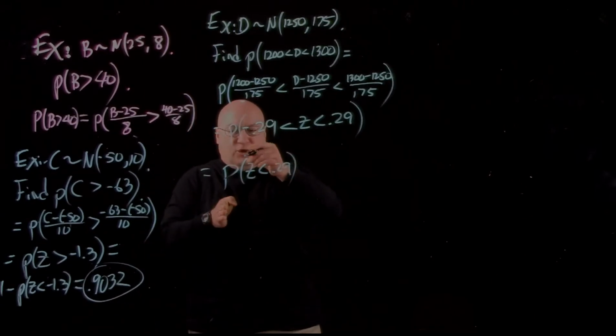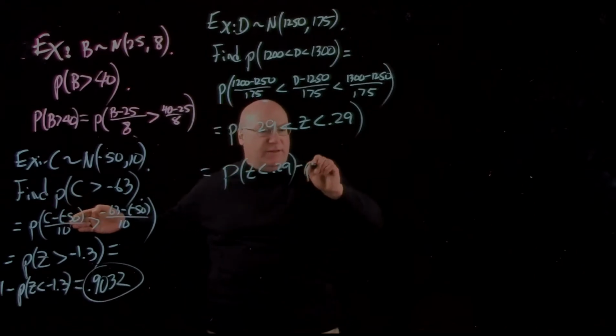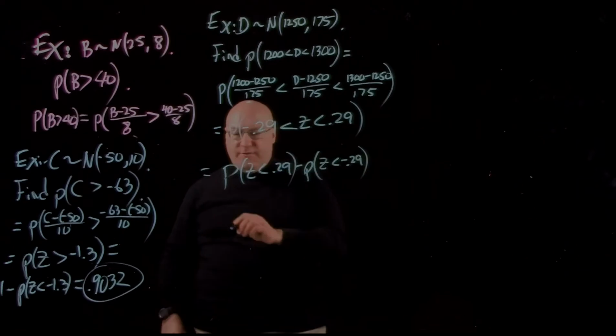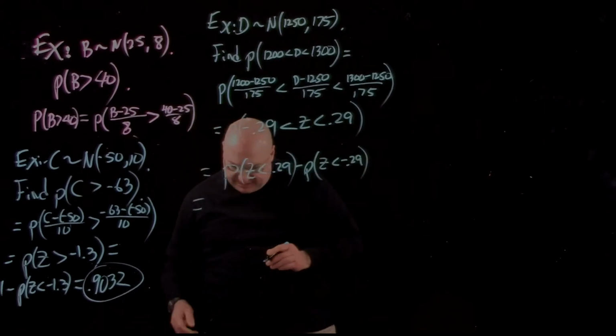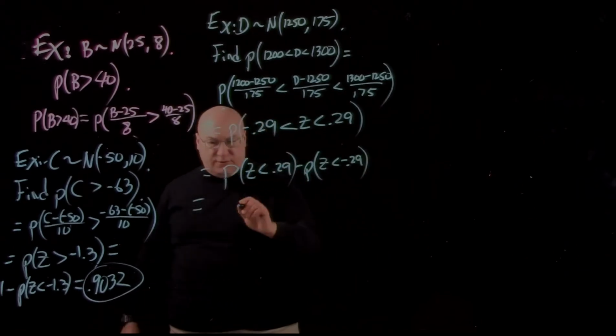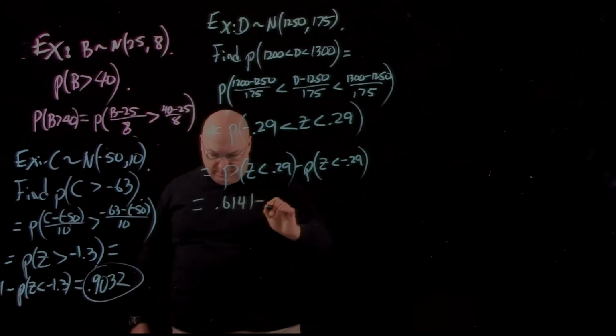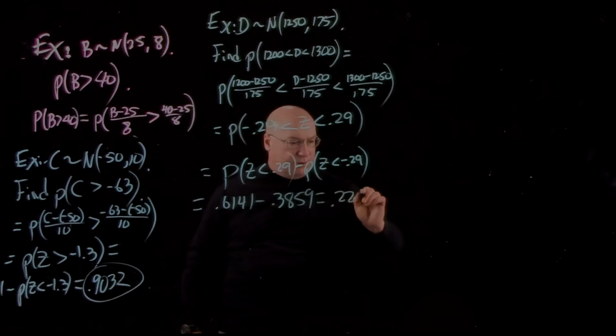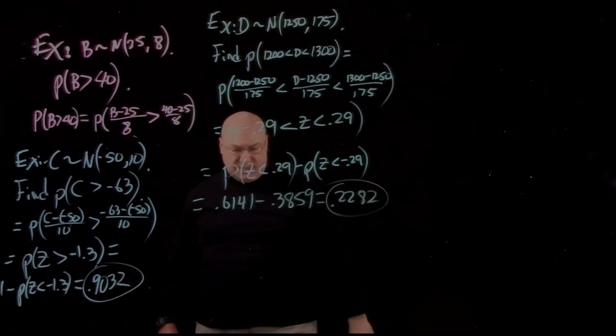But I have to stop there, which means I want to subtract off the probability that it's less than that one. If I look that up, I get 0.6141 minus 0.3859, so I get 0.2282. So there you go. There's that probability.